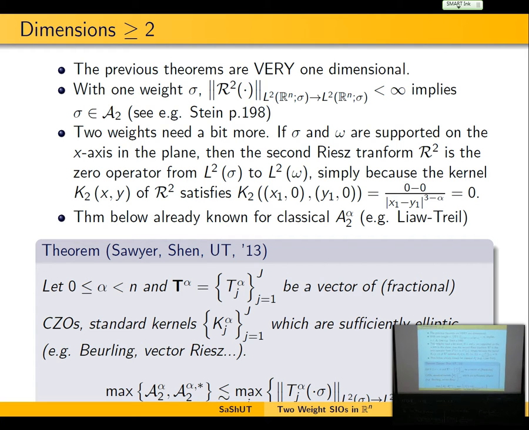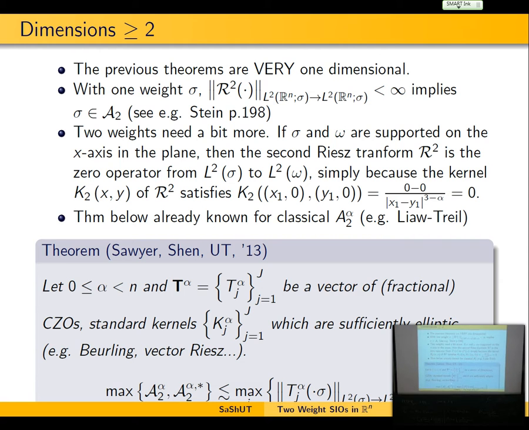So let's assume you have two weights supported on the x-axis in the plane, and the second Riesz transform automatically is the zero operator, simply because the kernel is zero. This is obvious. So then the boundedness of one single operator tells you nothing about the measures. So this tells you that you need something more, no?